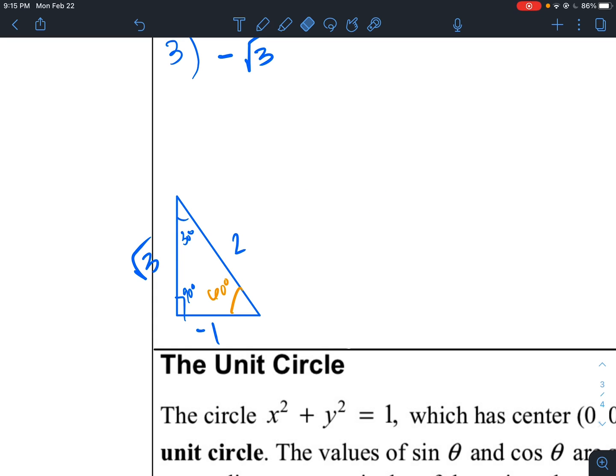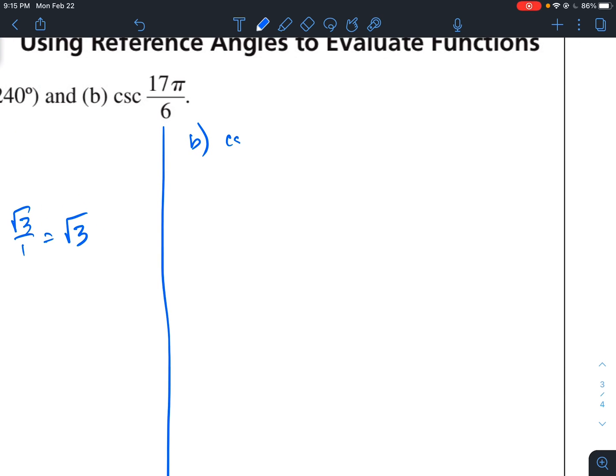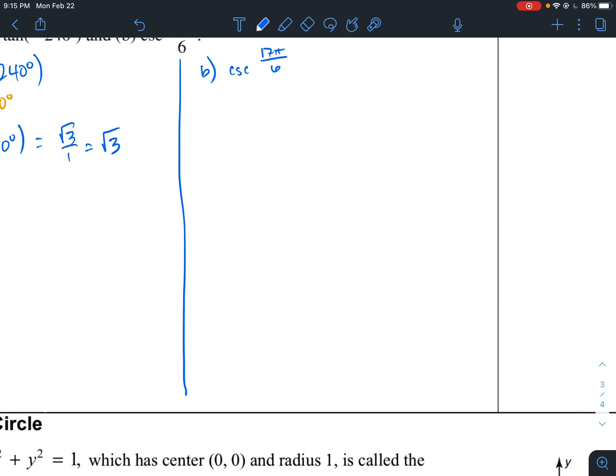But anyways, now let's try it for b over here. So we want to find cosecant of 17 pi over 6. So if you feel better converting this, go for it. That being said, I'm just going to roll with it and see if I can find the angle.